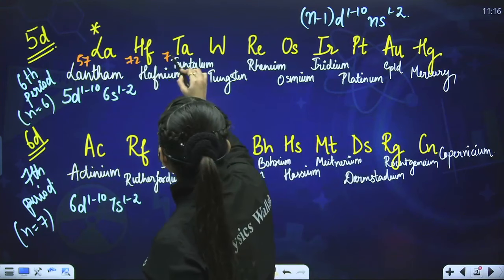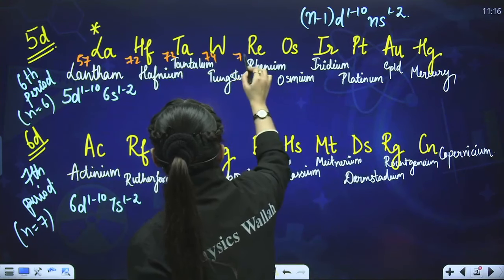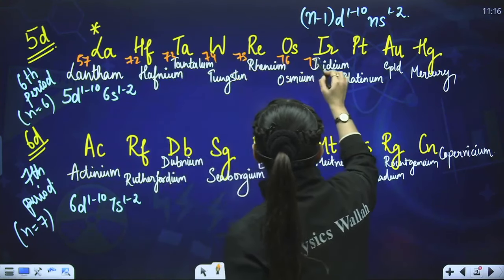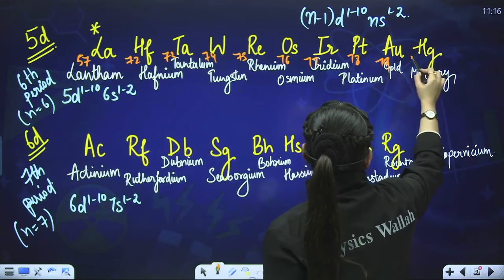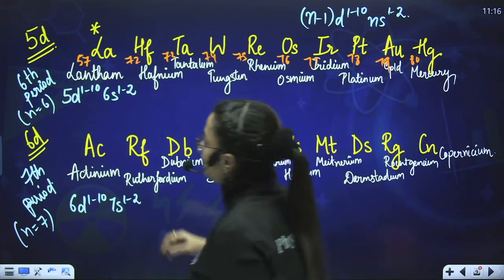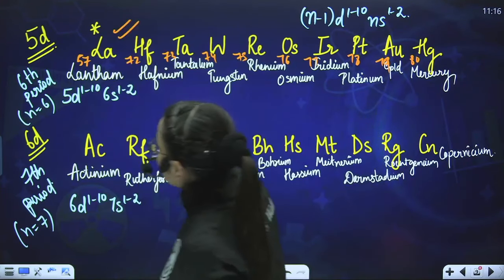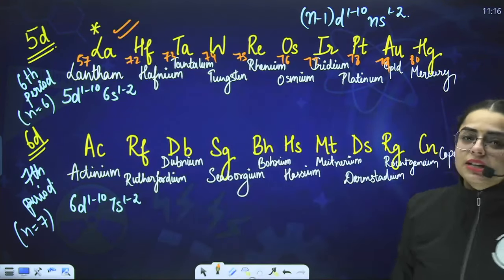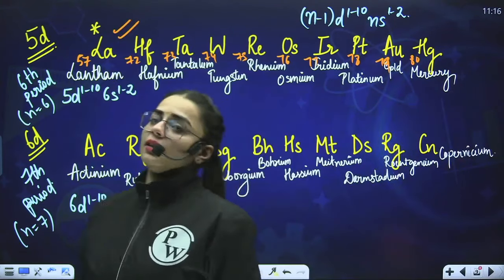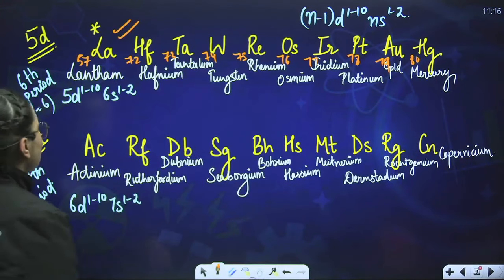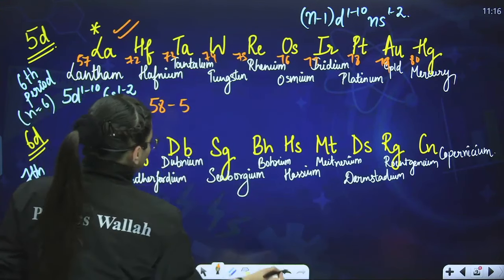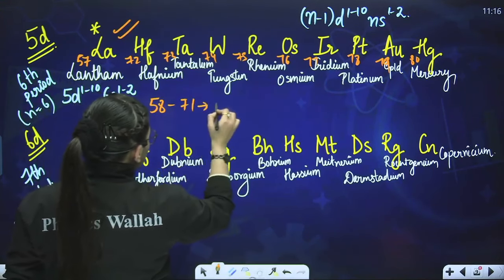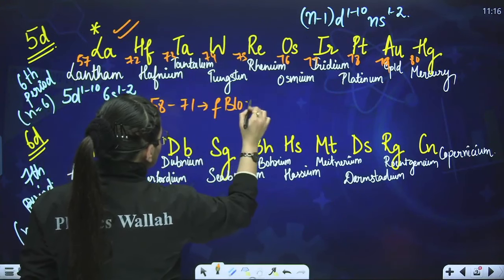That means it is 73, this is 74, 75, 76, 77, 78, 79 and 80. Yes. So over here, the elements that lie between 58 to 71 come under the category of F block elements, that are the lanthanoid series. You can also mention it over here: 58 to 71 are the F block elements.